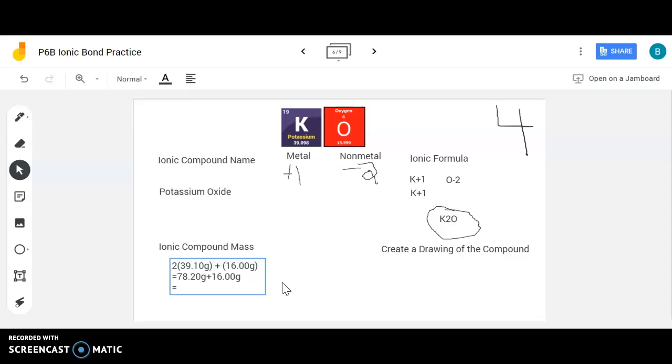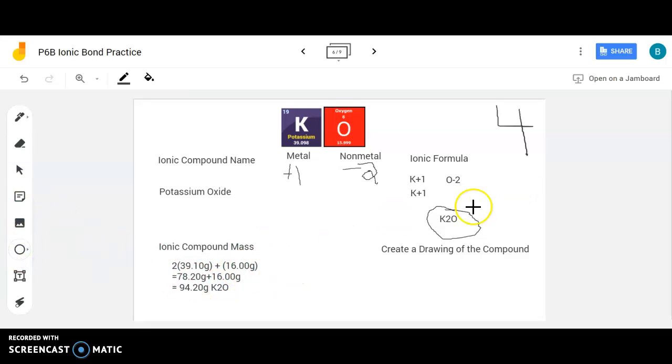So our final answer is going to be 78.20 plus 16. So it's going to be 94.20 grams is the mass of K2O, or potassium oxide.